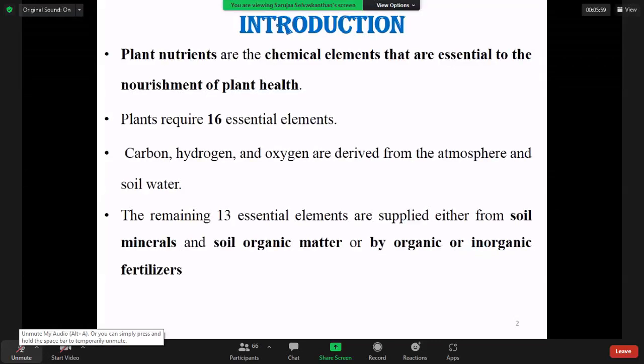These plant nutrients are the chemical elements that are needed for each and every growth parameter. Whether it's vegetative growth or reproductive growth or flowering stage, there are some elements which are needed for this growth. These are essential nutrients; without these nutrients, the plant cannot survive and the production of the plant is reduced.